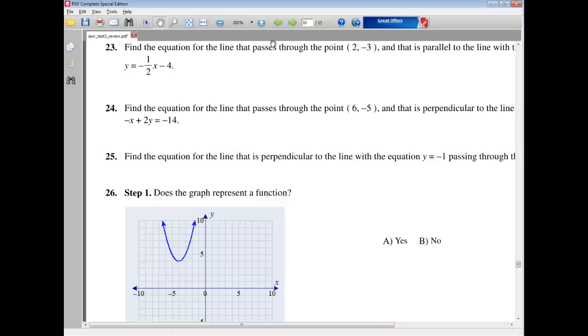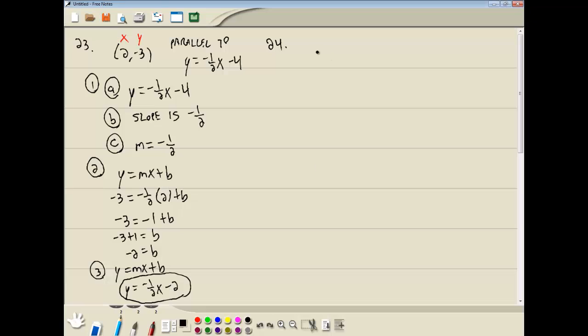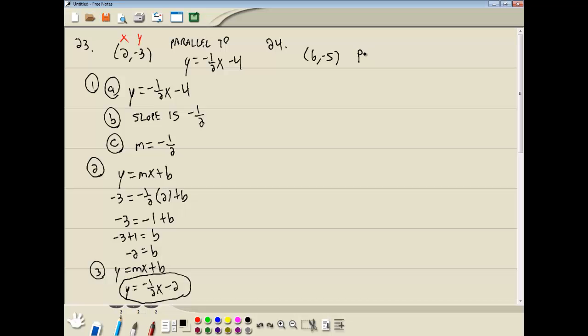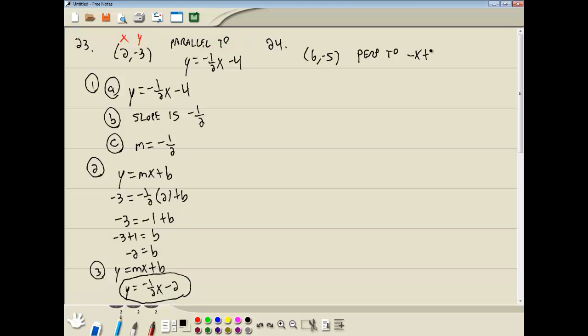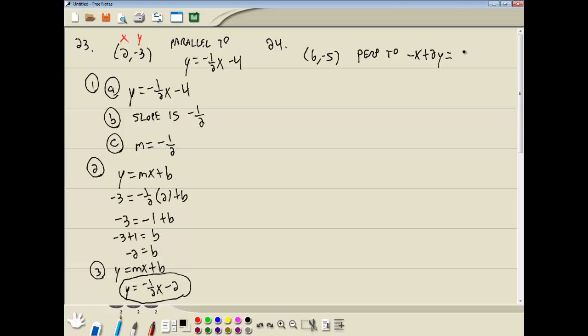Number 24. Find the equation for the line that passes through the point (6, negative 5) and is perpendicular to negative x plus 2y equals negative 14.